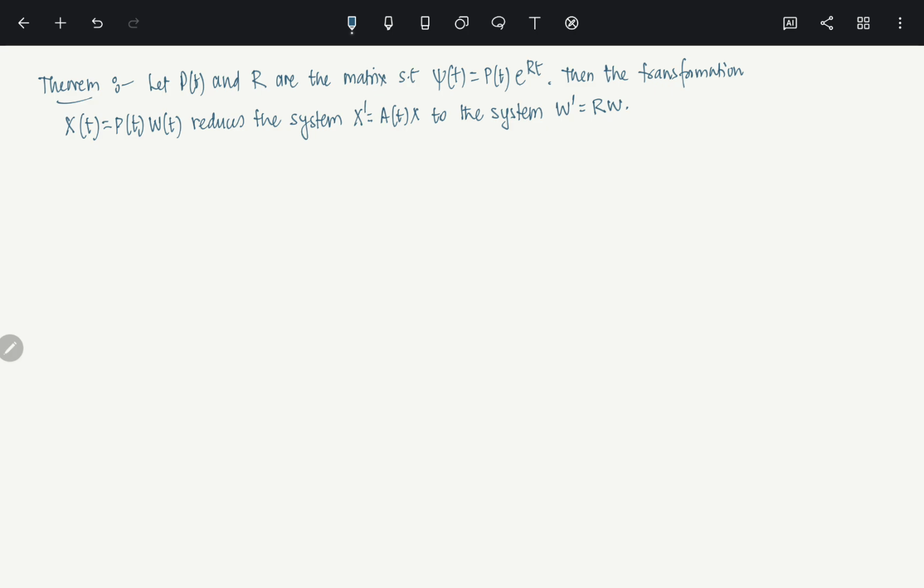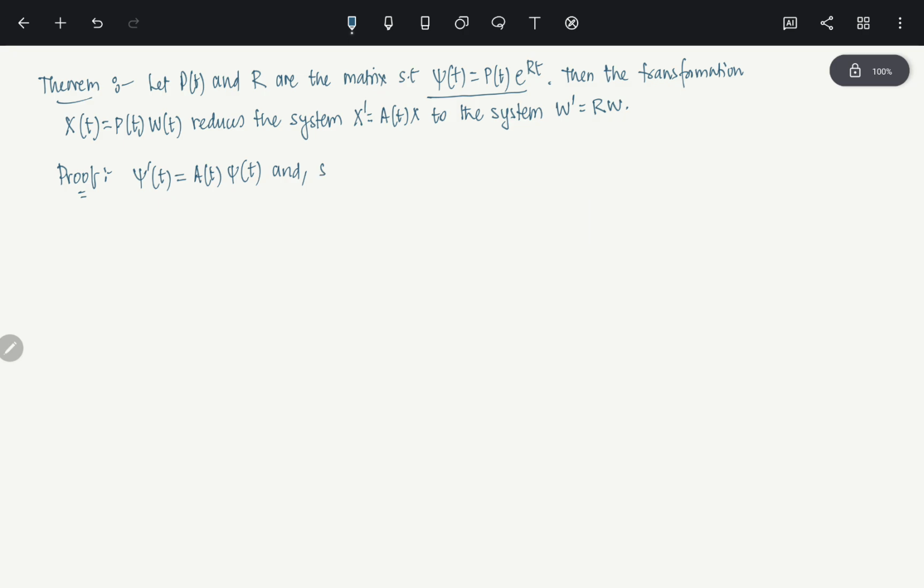So how do you prove it? Let's look at the proof. Since phi is a fundamental matrix, phi prime of t is nothing but A of t times phi of t.